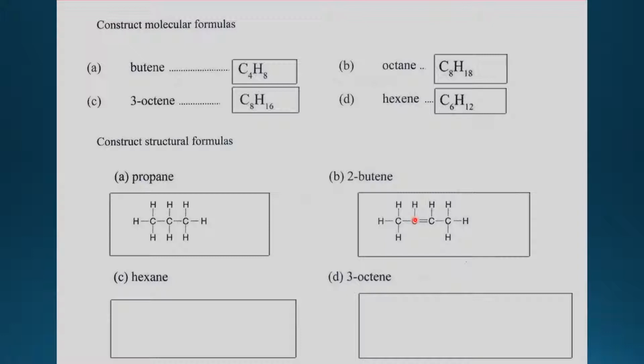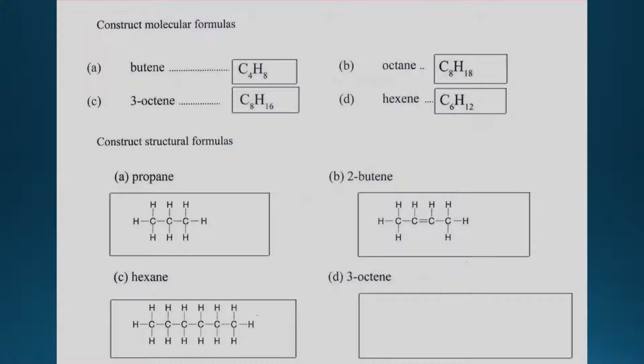C has 1, 2, 3, 4. So this is correct. Look at this: 1, 2, 3, 4. This is correct. Double check the other, just to make sure: 1, 2, 3, 4. Correct. How about the final one? 1, 2, 3, 4. So they're all correct. That's the way you check the double bond.